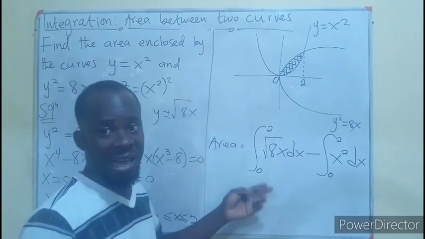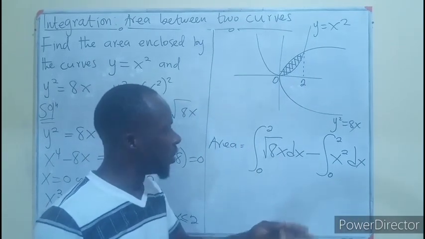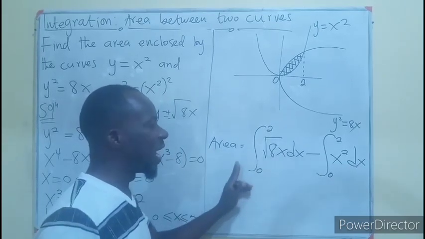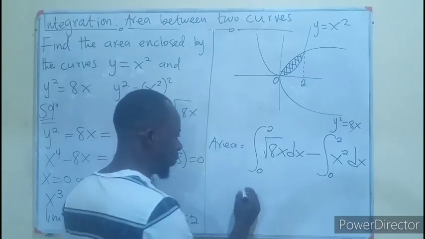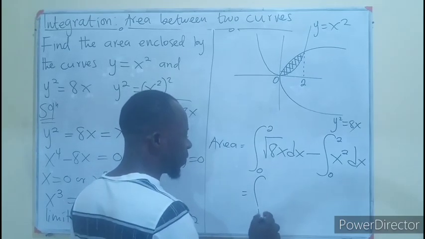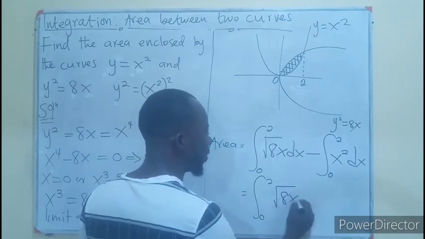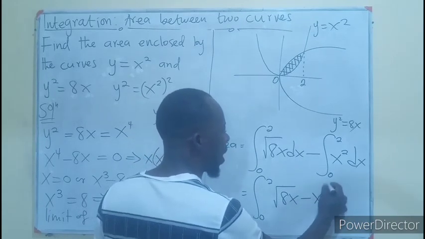From the sums and differences of integration, we can also group this by putting the integral sign at only one place, meaning your area will now become from 0 to 2 the root of 8x minus x squared dx.